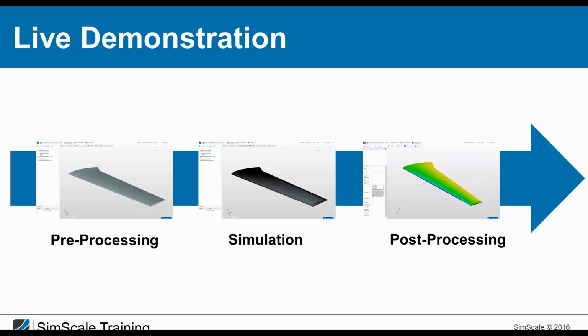But when it comes to simulating a complex shape, it's quite clear that this is not enough to create the model. Therefore, the standard process is that you create a model in a CAD system, and once this model is finished, you can just upload it to SimScale, for example, and set up the simulation there.